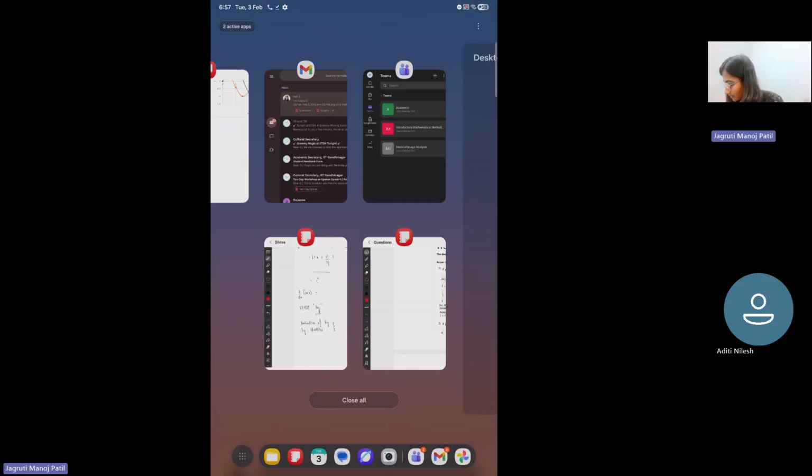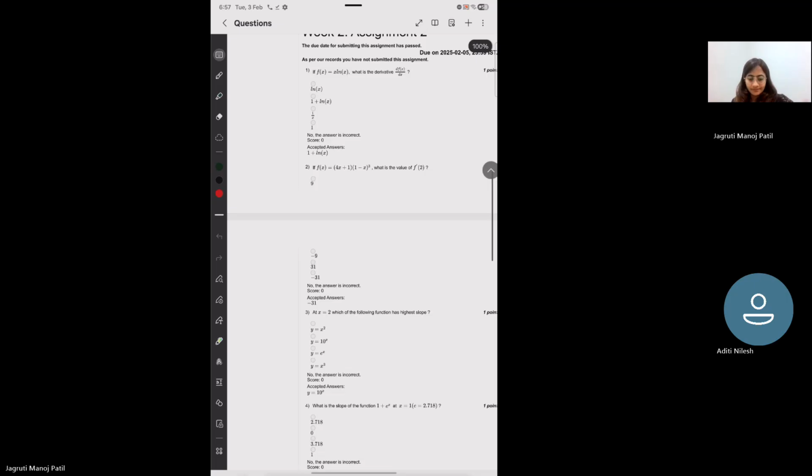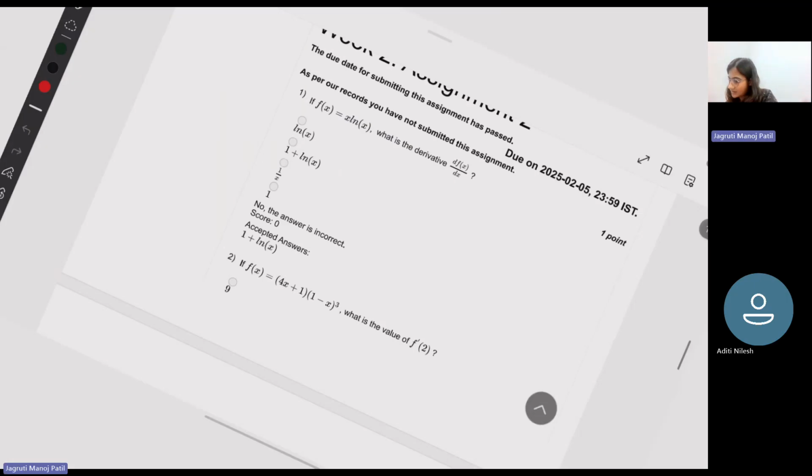Right, so I guess the screen is visible.